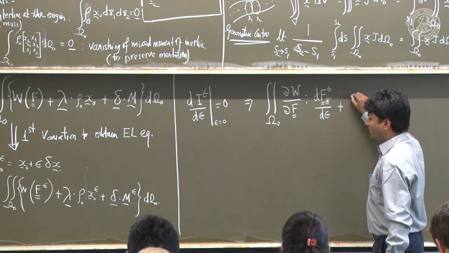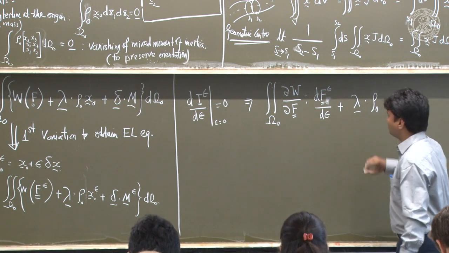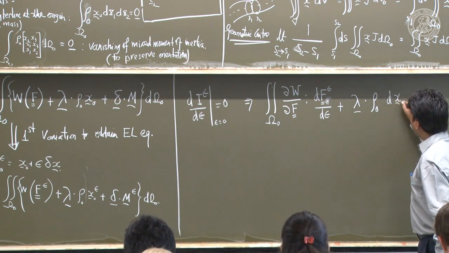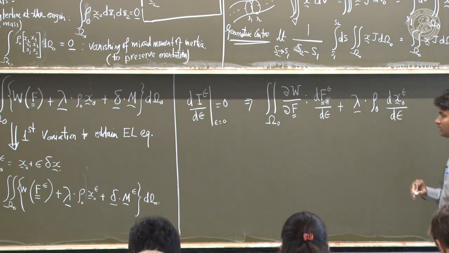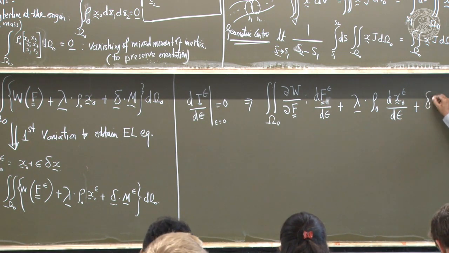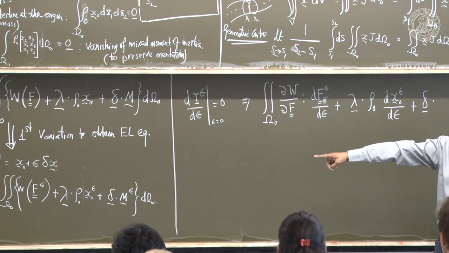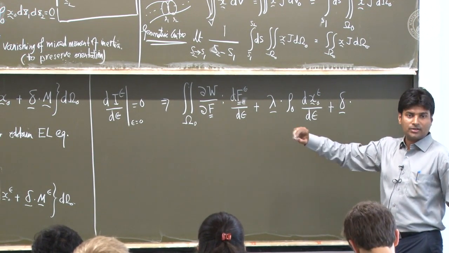Plus lambda dot rho naught d little x naught epsilon over d epsilon plus delta dot, you see lambda and delta are your Lagrange multipliers. That is how we work out the minimization under constraints.